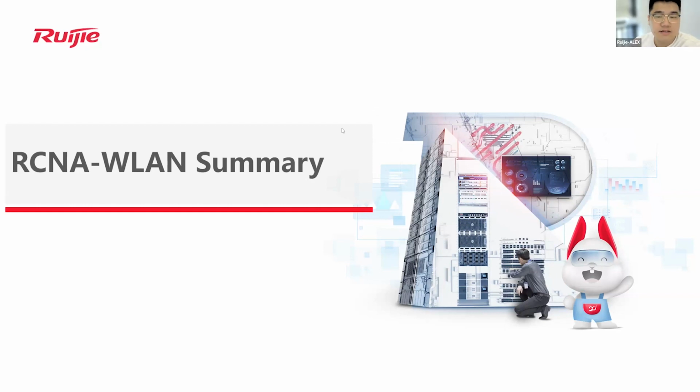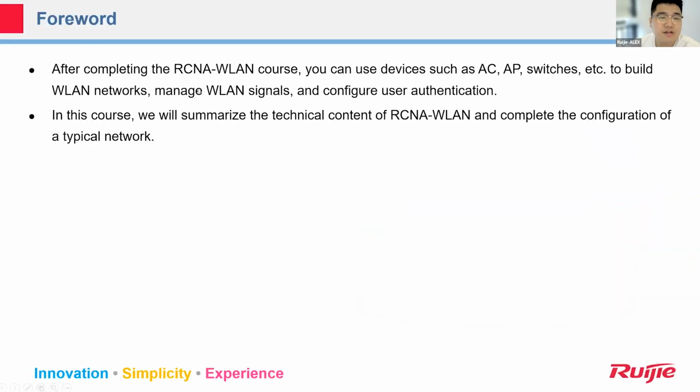And now let's start this training. Firstly, let's see the foreword here. After finishing the learning of RCNA WLAN, I believe that you can use some devices, for example, an AC, the access controller, and the AP, the access points. Except that, we should use some switches, and in some large networks, we even need to use routers, or maybe EG and even firewalls.